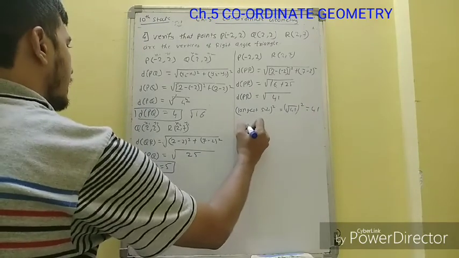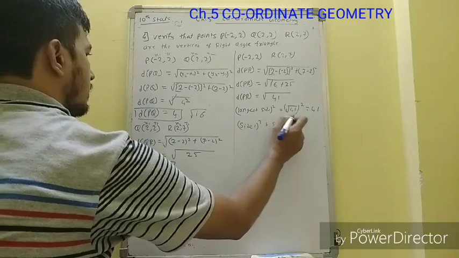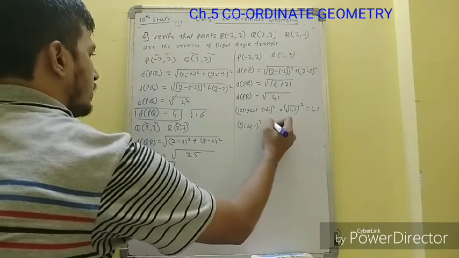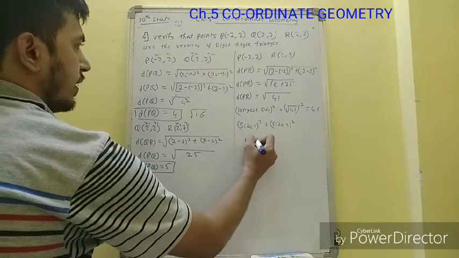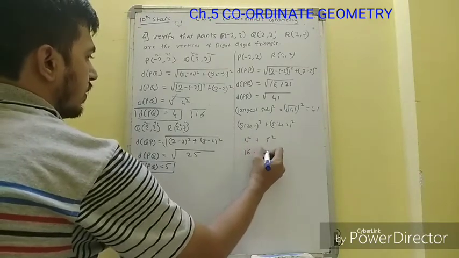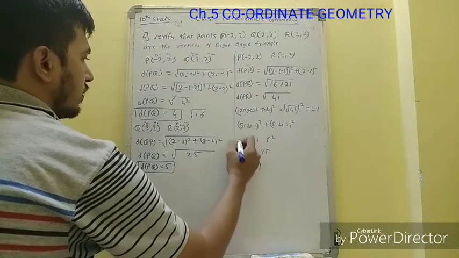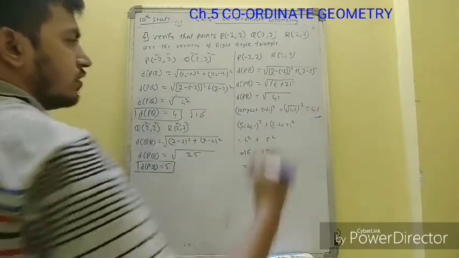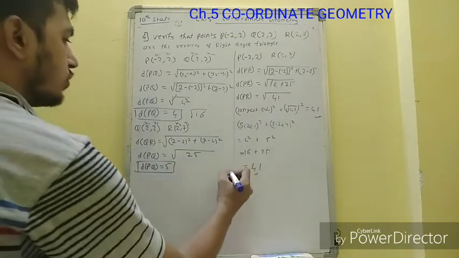And side 1 squared plus side 2 squared: 4 squared plus 5 squared, that is 16 plus 25, which is again 41. Okay, this is also 41, this is also 41. Therefore, longest side squared is equal to side 1 squared plus side 2 squared.